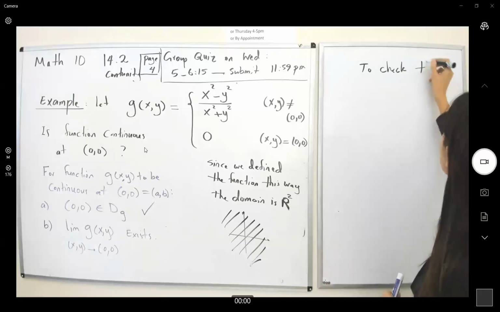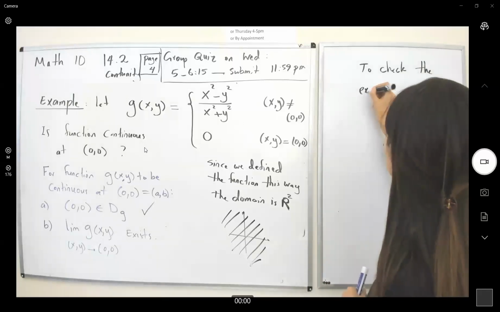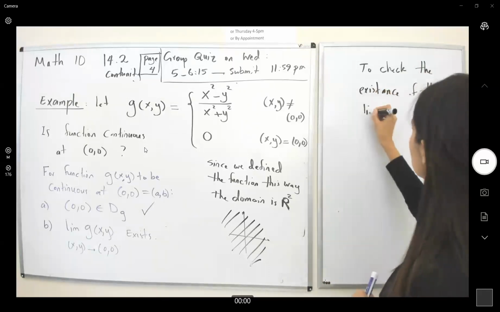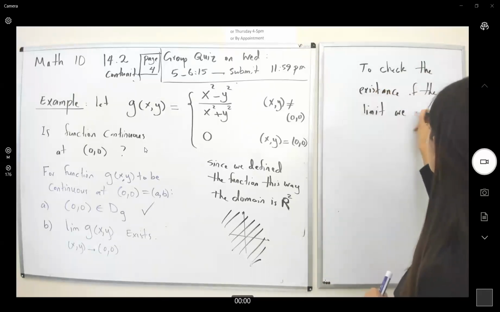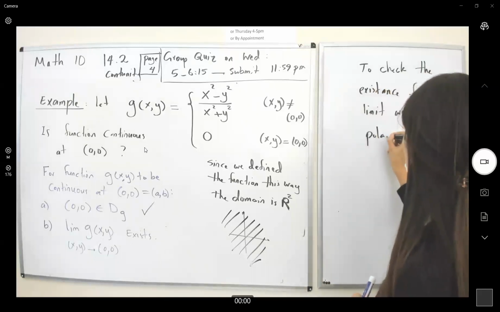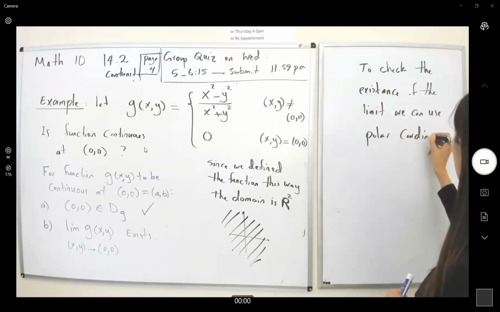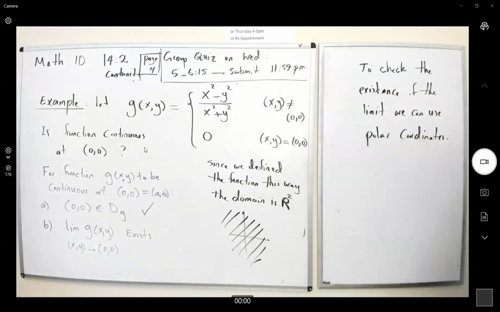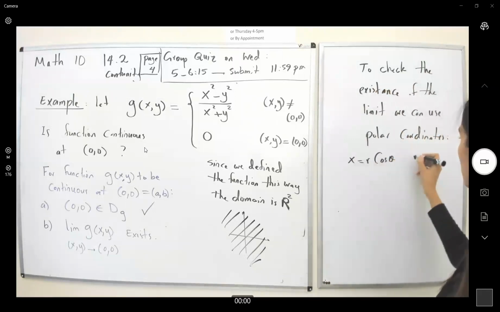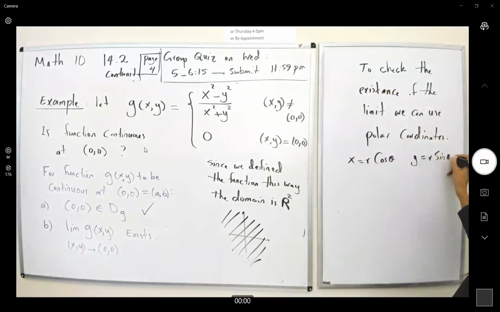To check the existence of the limit, we can use polar coordinates. Okay, so x is r cosine theta, y is r sine theta.